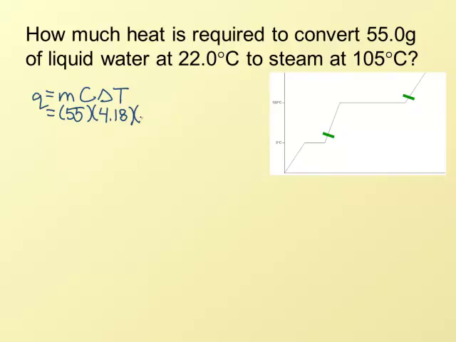That is the maximum temperature for liquid water. So that'll be 100 degrees minus 22. When we do that math, we get a heat change of 17,932.2 joules.